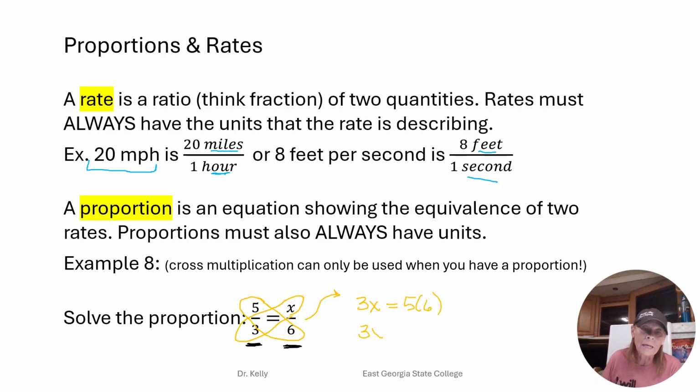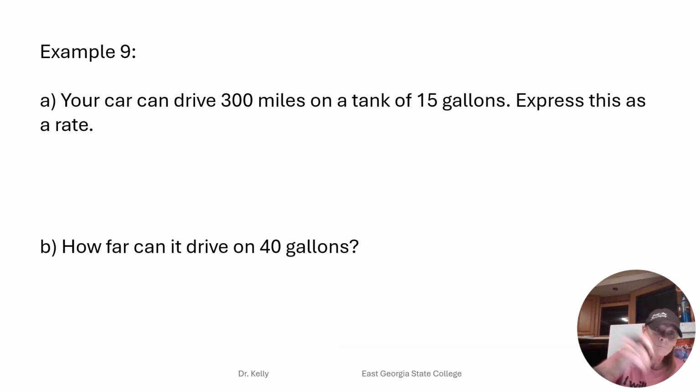We have 3x is equal to 30, and I'm sure you guys remember how to solve a problem like this. That means x is equal to 10. Now, don't need to write a sentence here because it wasn't a word problem, right? So x equals 10 is satisfactory.